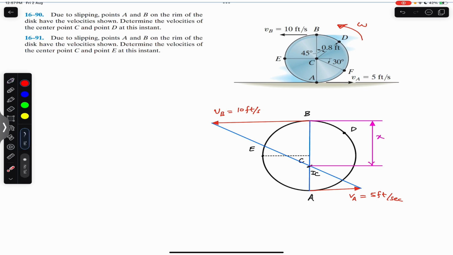If we know the diameter of the disk, the radius is 0.8, so the diameter is 1.6. So if this is x, then this other distance will be the diameter minus x, which is 1.6 minus x. So 1.6 is the diameter, since the radius is 0.8.